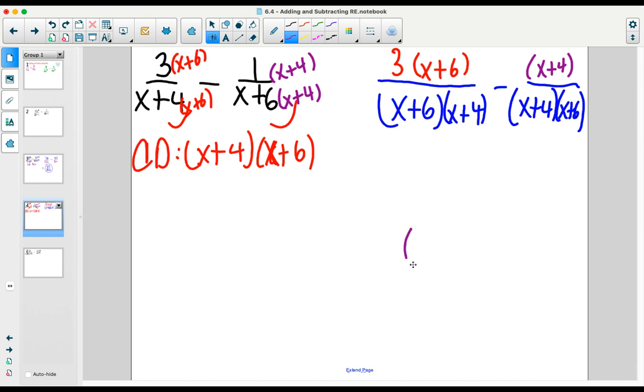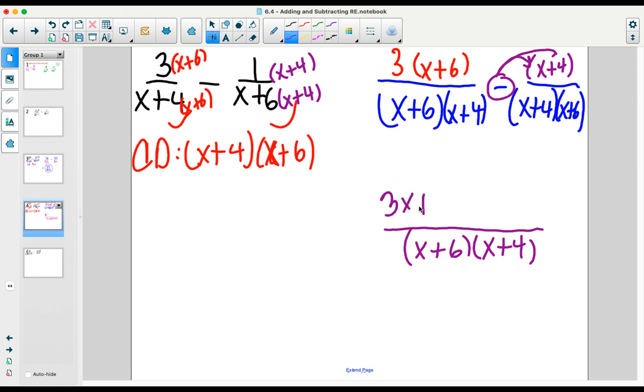As we move to the next step and we combine these two rational expressions into one, we want to be very careful when we do the multiplication and the combining. It's very easy to forget that that minus sign needs to subtract both of the terms in that binomial. So while the first part comes out to be 3x plus 18, we need to make sure we say minus x minus 4 for the binomial from the second fraction.